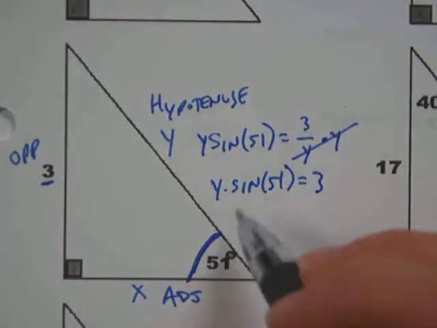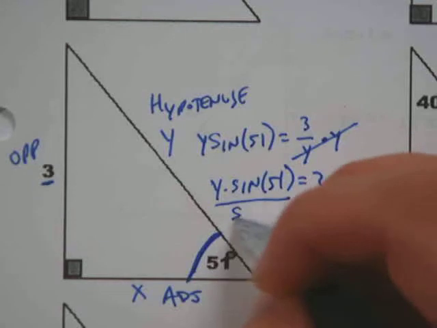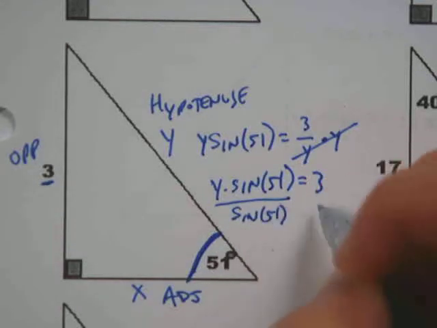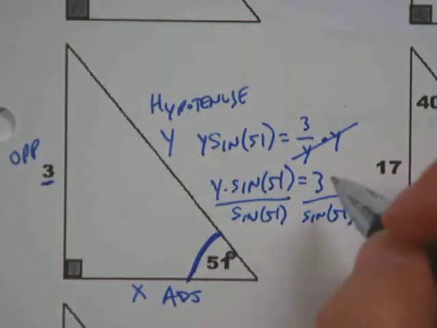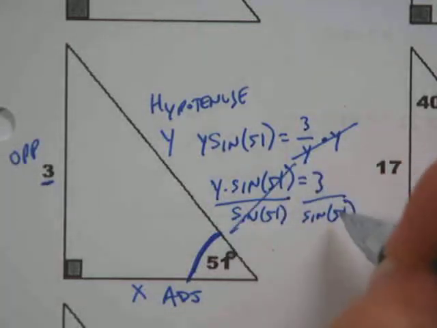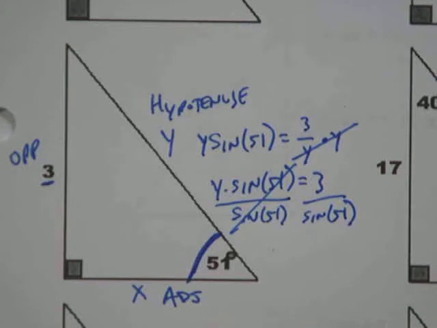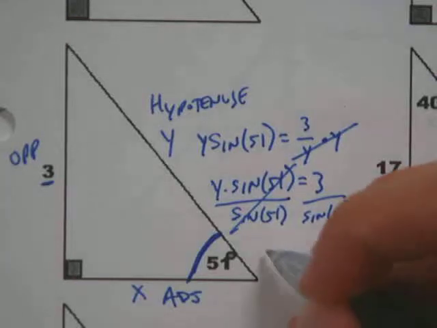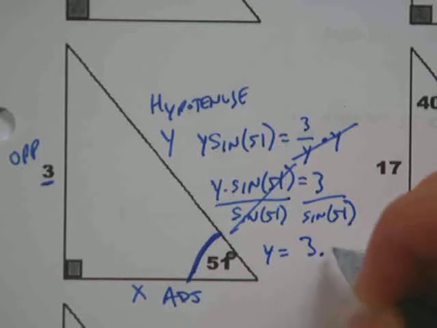So now to get y by itself, I'm going to divide by sine of 51 on both sides. So in my calculator, I'm going to plug in 3 divided by sine of 51. So I'm going to type 3 divided by sine 51, enter. And we get y equals 3.9.